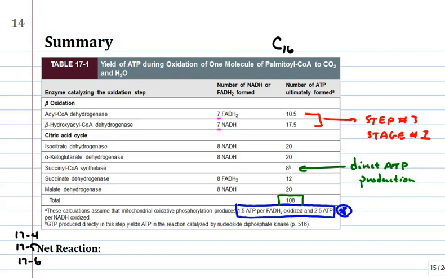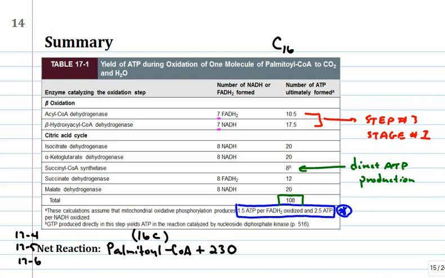Let's just cut to the chase. Let's do the net reaction. So a palmitoyl-CoA molecule, again 16 carbons. Again, this is the final net reaction involving all the way to the end here.